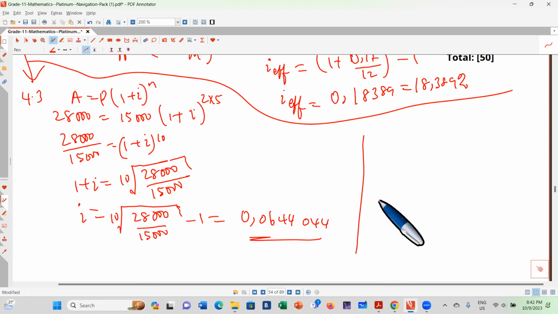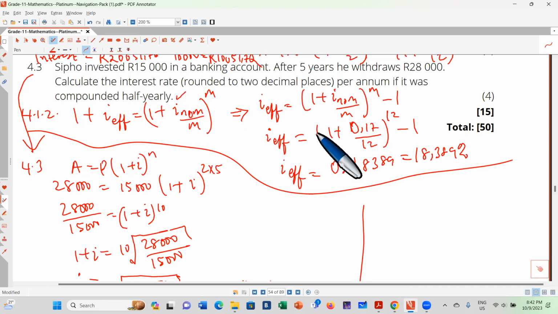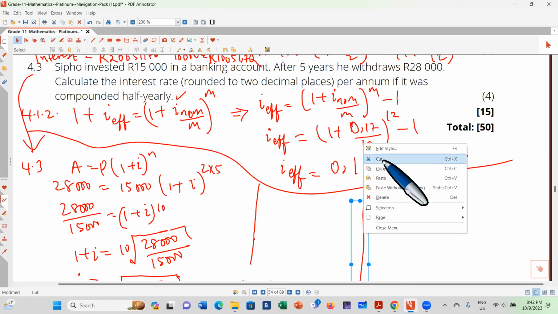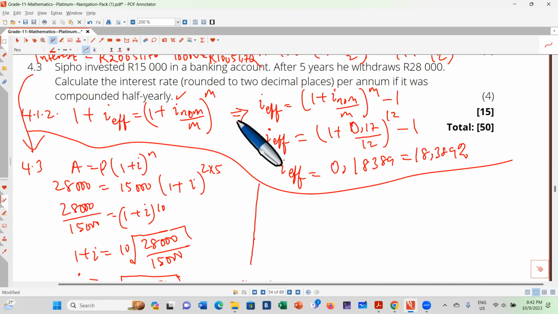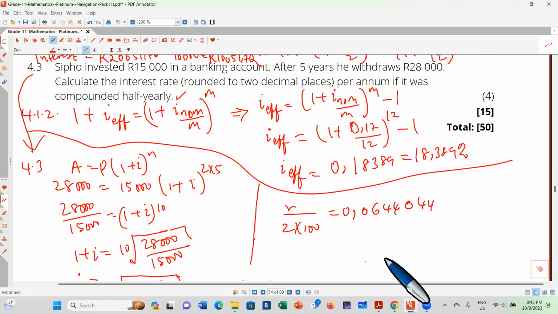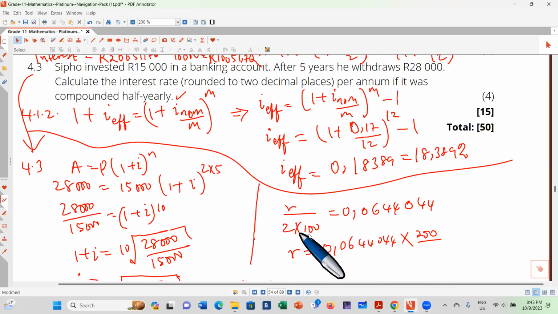But because it's compounded half yearly, you have r divided by 2 times 100, which is 0.064444. So r equals 0.064444 times 200. Cross multiplying, 2 times 100 is 200.